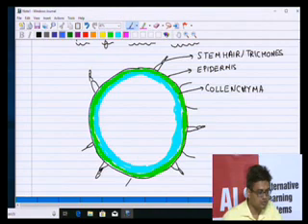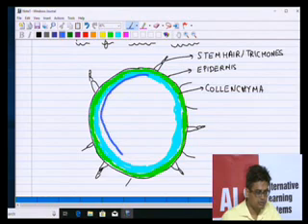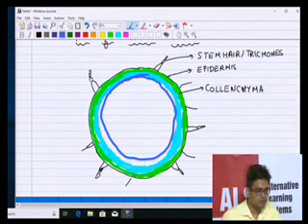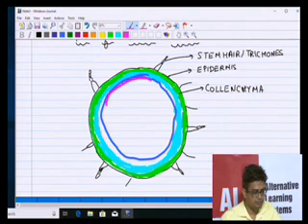Pericycle is thin, so I am going to draw a single line. This is the endodermis. Then inside the endodermis there will be the pericycle. Let me choose pink now. This is the pericycle.